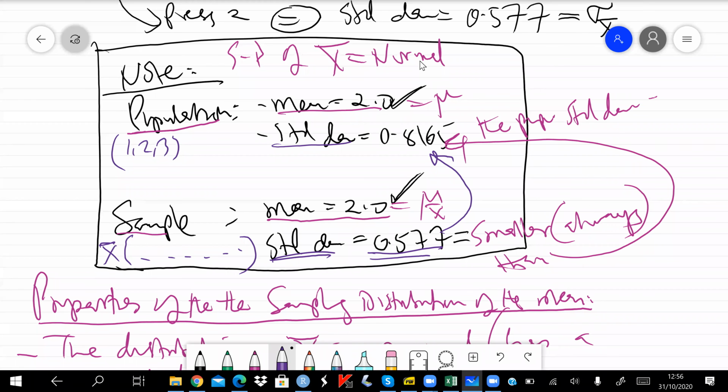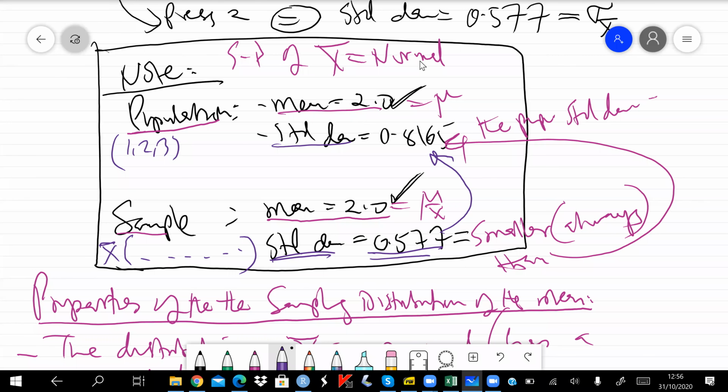Standard deviation is also a measure of dispersion, or spread. So using the range, we can illustrate that the sample statistic is less dispersed than the population data. We will not be proving that, but that's a fact.